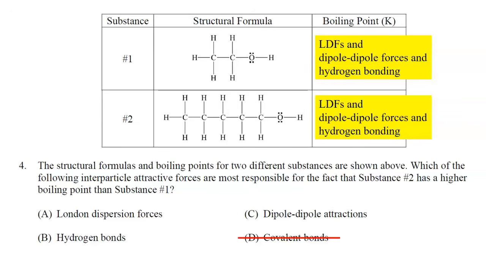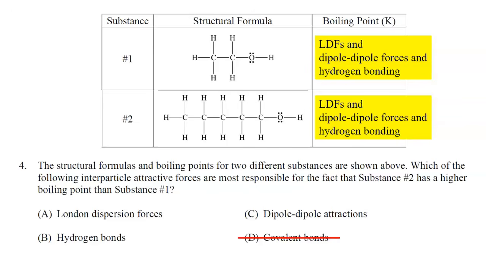So in addition to London dispersion forces and dipole-dipole attractive forces, each of these substances would also experience hydrogen bonding attractive forces between the molecules. And so if they experience all three types of attractive forces, how do we answer question 4?